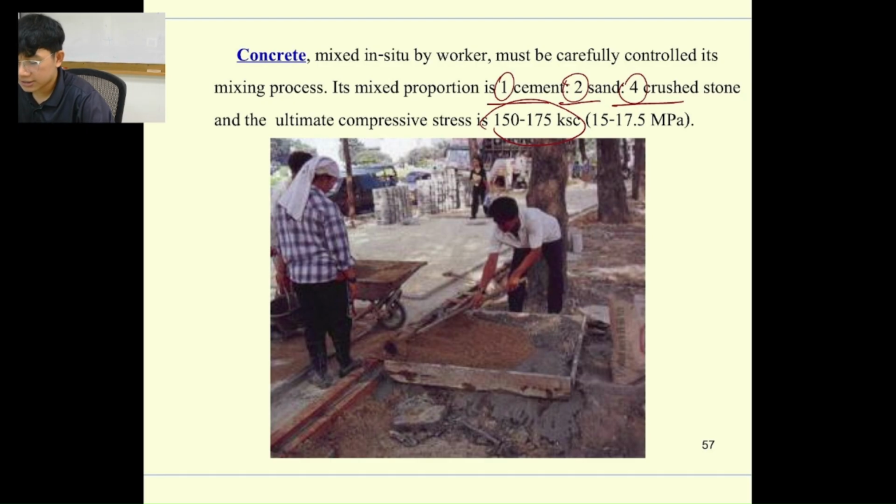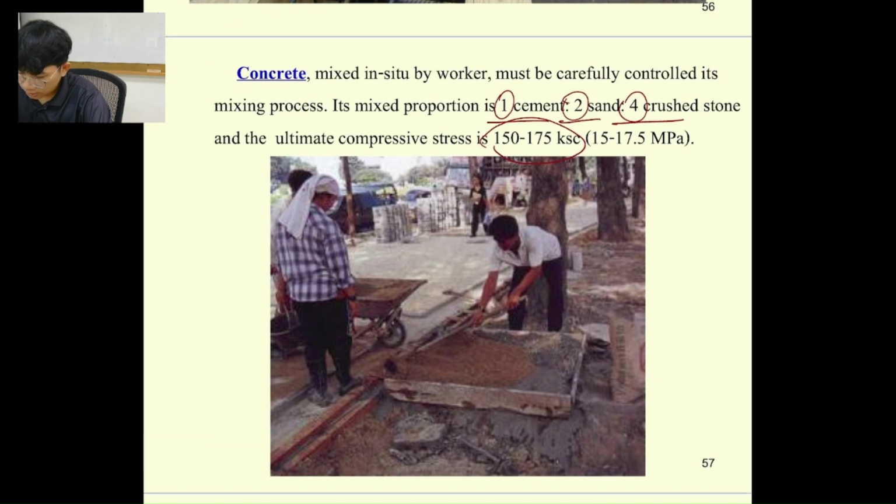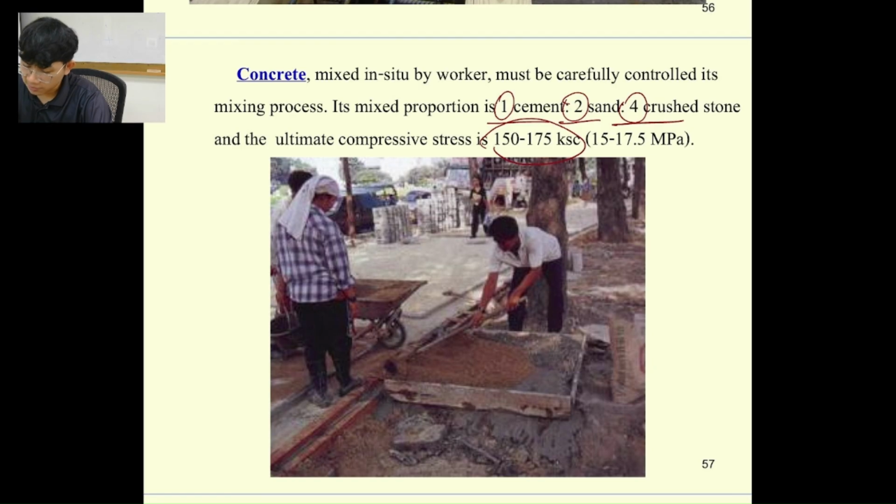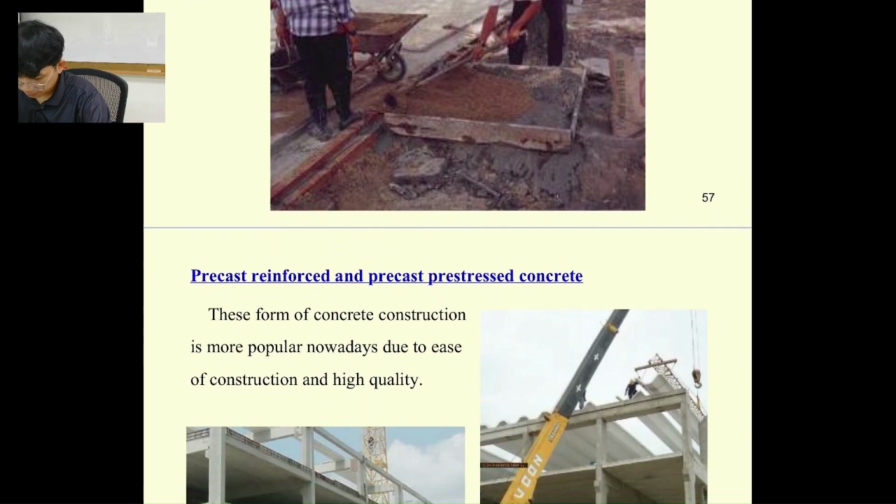They use it for something like a walkway. We are not going to use this method to construct the main structural elements like beams, columns, or slabs. For beam, column, and slab, ordering concrete right now is a lot better in terms of strength.